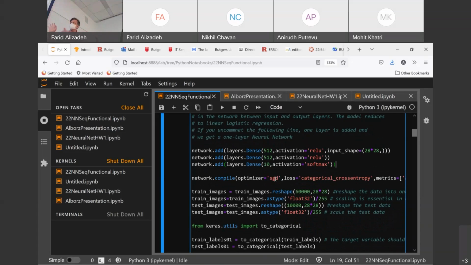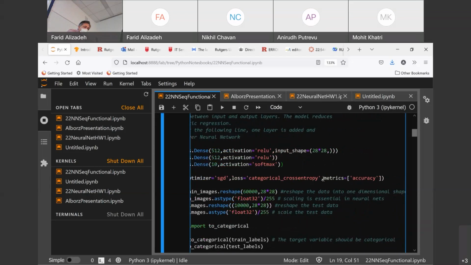This is just plain vanilla SGD, but that's fine for this problem. The loss function is basically the logarithm of the softmax function. We saw that; it's the likelihood function, it's in the notes, and I discussed it last time. That is called categorical cross entropy.